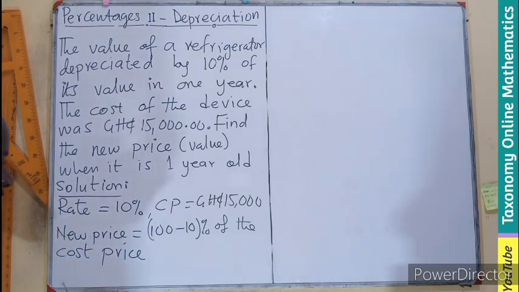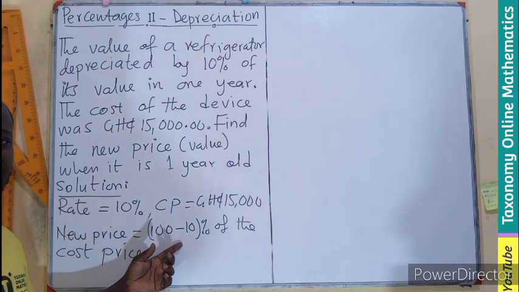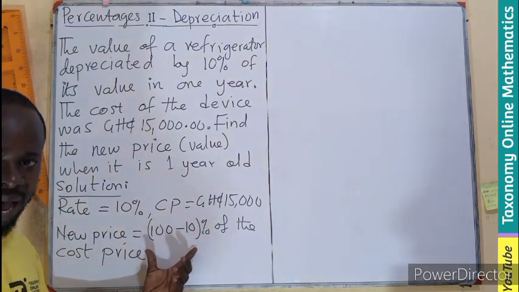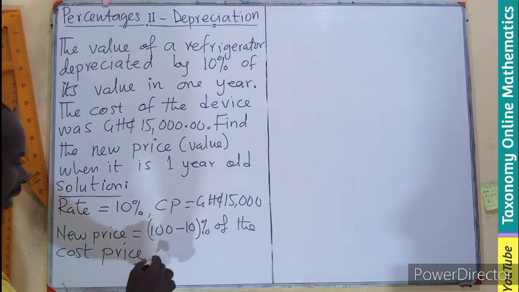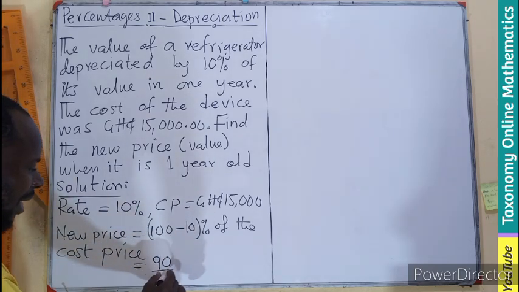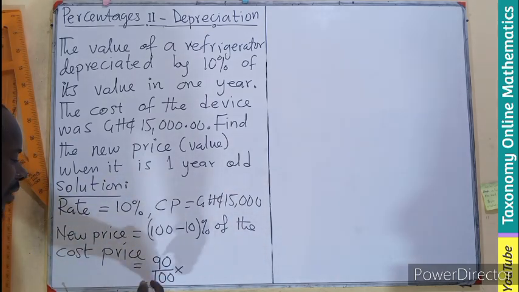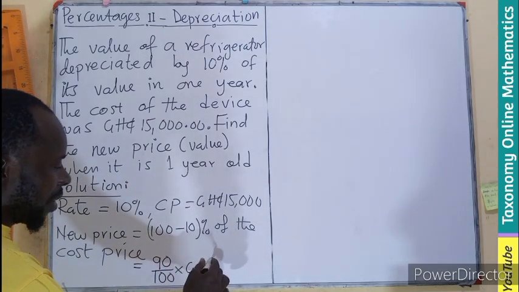The new value of the item is going to be the reduction in percentage of, as in multiplication. So this will simply mean that the reduction here will be 90%, and 90% is 90 over 100 of the original price, which is 15,000.